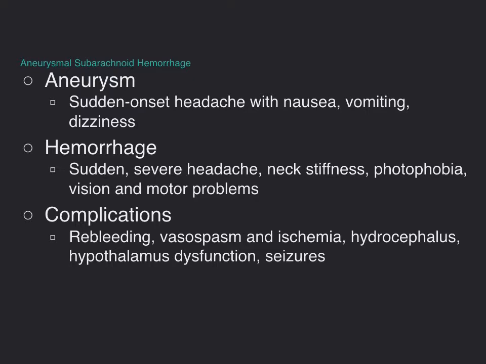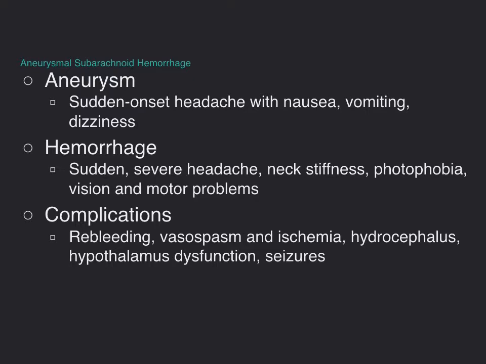These usually are done within 24 to 72 hours. And surgery involves a craniotomy and inserting a specially designed silver clip that's tightened around the neck of the aneurysm. This procedure offers protection from rebleeding and may prevent removal of the hematoma.